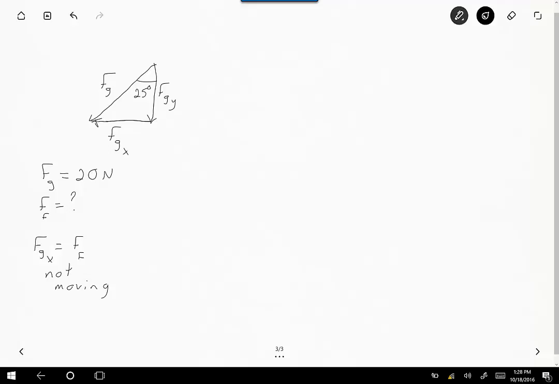So because that's true, we can find the force of friction if we find the force of gravity in the x direction. Well, based on the trig functions we just talked about, and 25 being our theta, Fgx is our opposite, Fg is our hypotenuse. So sine of theta is opposite over hypotenuse.